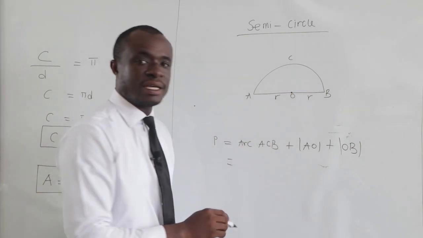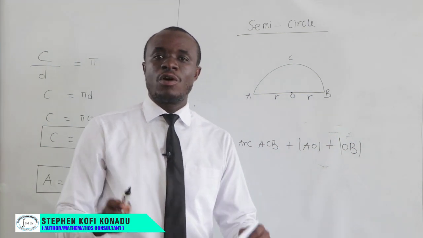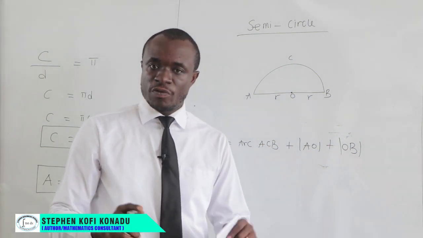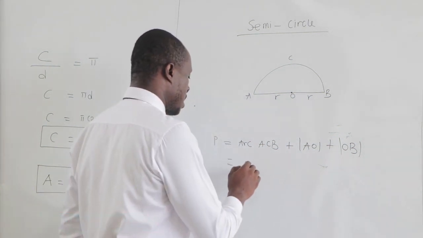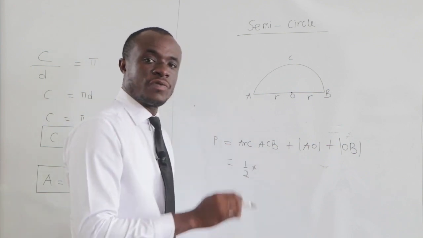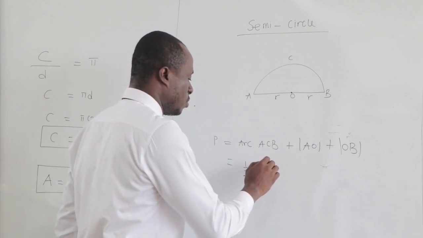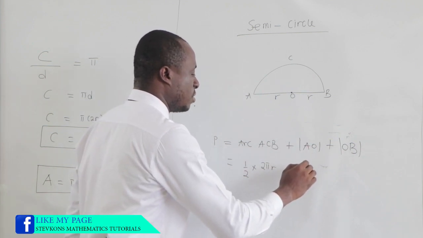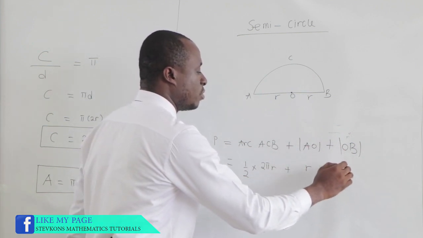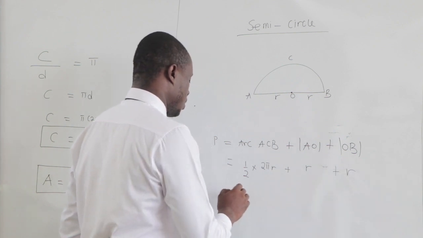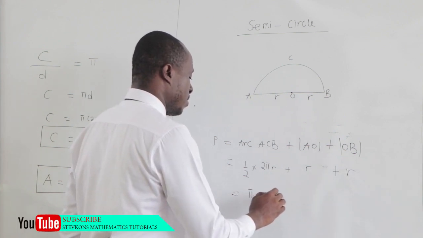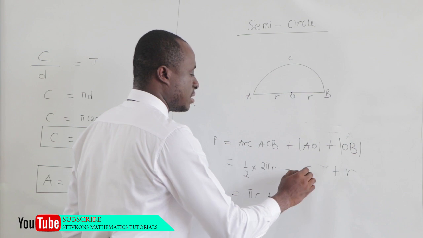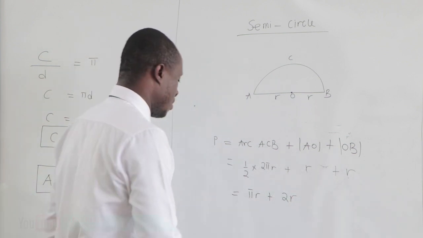Now, what is the arc ACB? That is half of the circumference of a full circle. So clearly that is half. Now, what is the circumference of a full circle? Which is what? 2 pi r. Now, what is AO? AO is r. What is OB? OB is r. So clearly we have pi r plus 2r. That is r plus r.